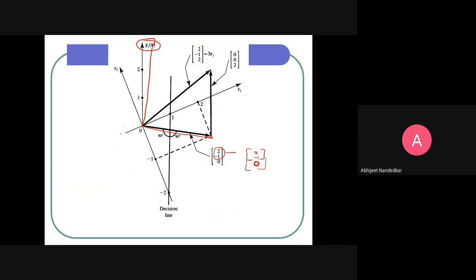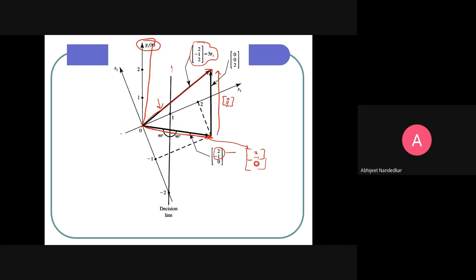Now I will lift this vector by some amount 2. So this vector is 0, 0, 2. So this is getting added with 2, -1, 0. You know the vector addition. So this will be the resultant vector 2, -1, 2. Okay, this is 2, -1, 2, which is the resultant vector.